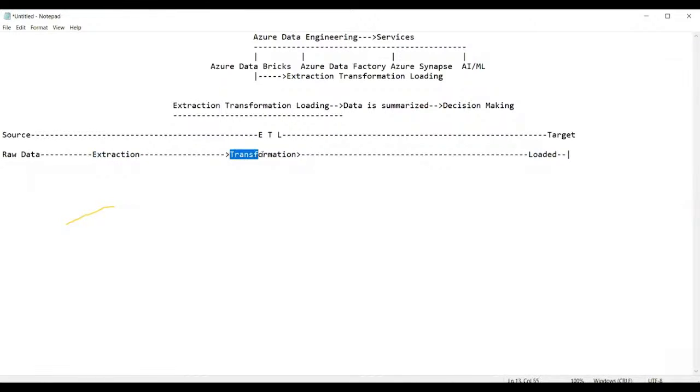Transform. That means you're getting them home, chopping them, cutting them, putting them into the bowl to cook, and ultimately cooking those vegetables. That means you are converting the raw vegetables to what? Cooked format in the form of a curry. Am I right or not?